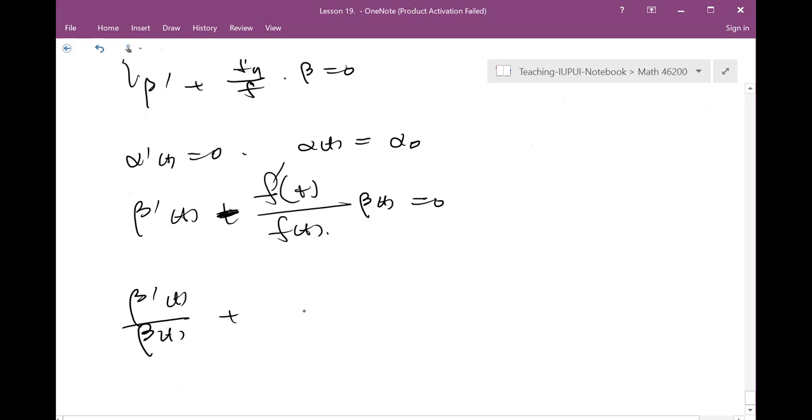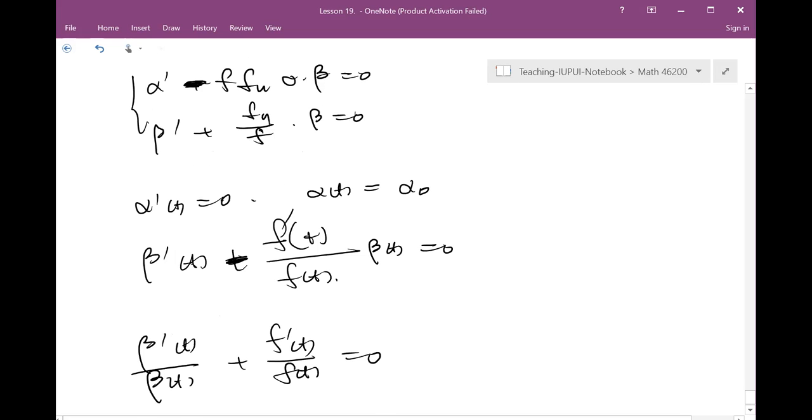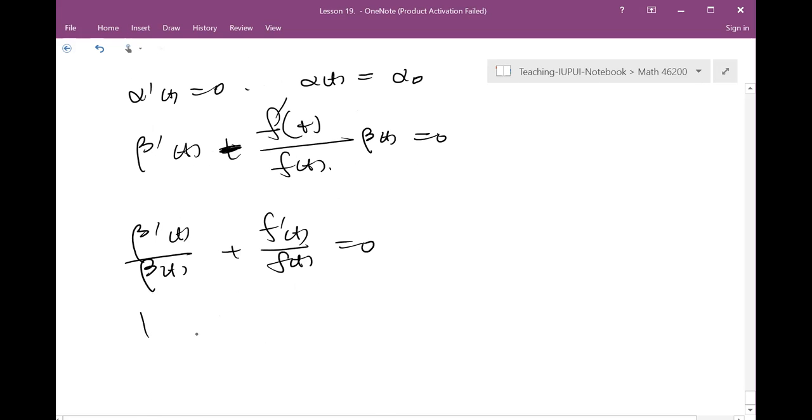You divide by beta on both sides. Then this is the natural log of beta t prime plus the natural log of f. Then I combine them.